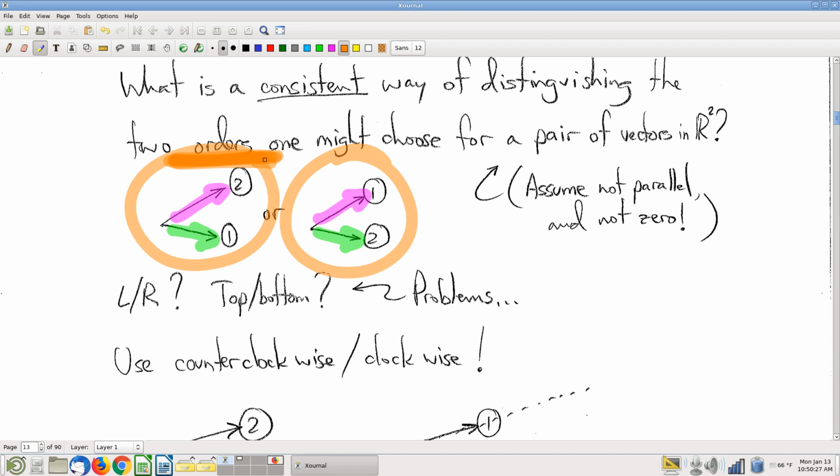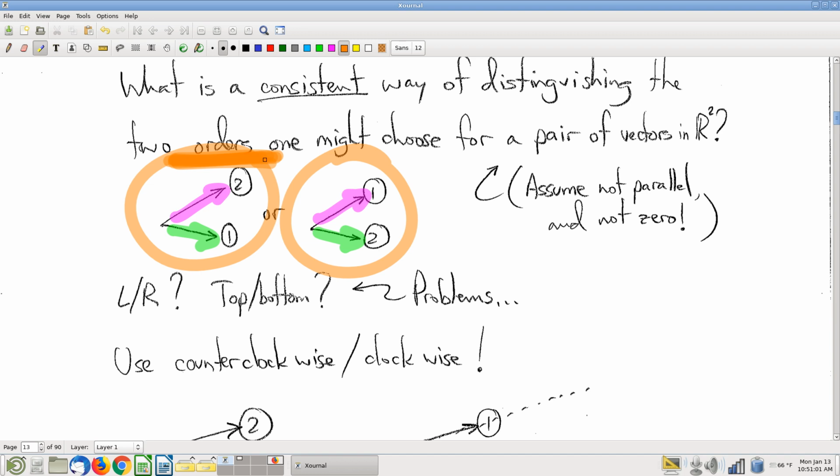Now, how would I describe these two orders? I don't want to do it by color, because that's arbitrary. I pick those colors out of a hat. I don't want to do it alphabetically by name, like if I call them V and W, because again, those are arbitrary labels. I would like to come up with something intrinsically geometric to distinguish these two orders from each other.